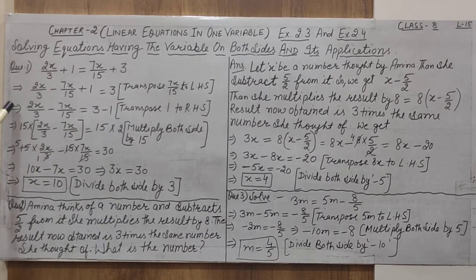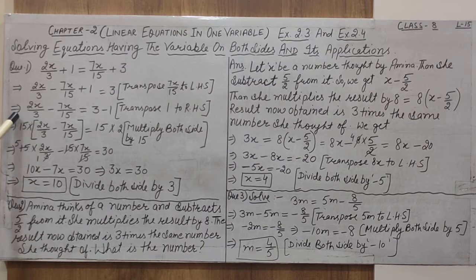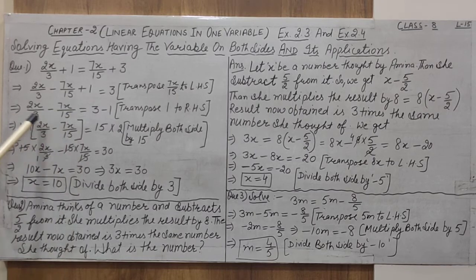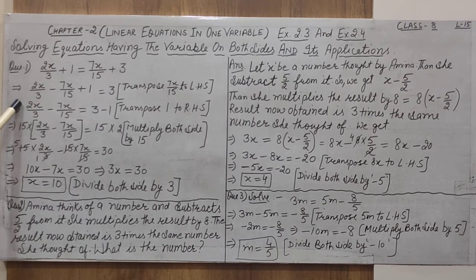Now, as I told you yesterday, in some questions, when a denominator is present in some terms, for example, 2 by 3 is present with x. 2 is in multiplication, but 3 is in division.